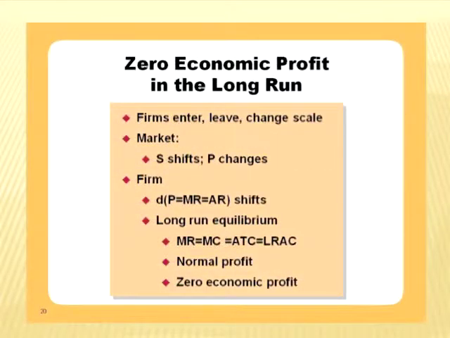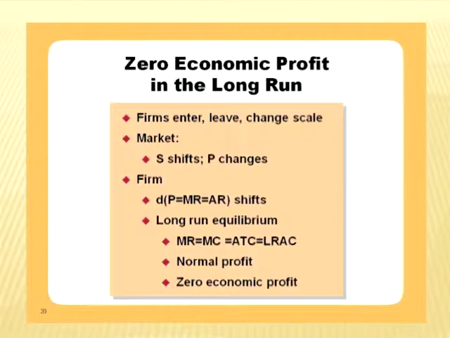So in the long run, firms will only earn a normal profit. They won't earn any economic profit, and they won't incur any economic losses. Ultimately, the market supply curve will shift back and forth, changing price, changing scale of operation, changing number of firms that are in, until ultimately we end up in long-run equilibrium where we have a normal profit only and no economic profit.